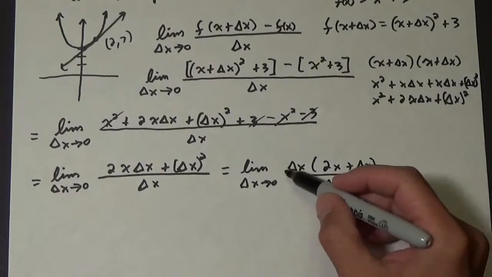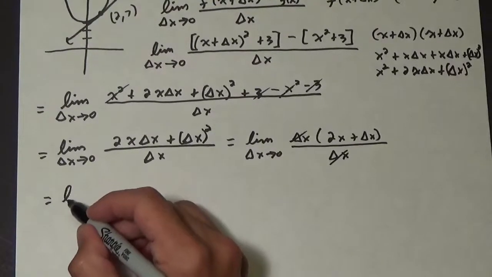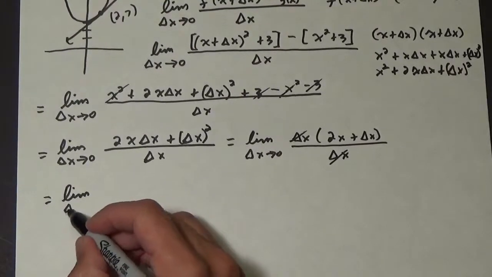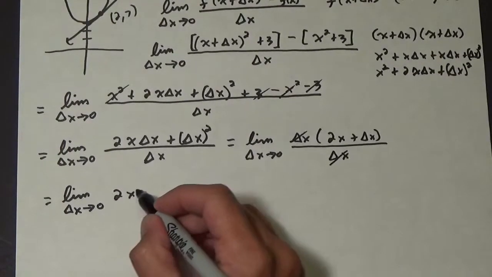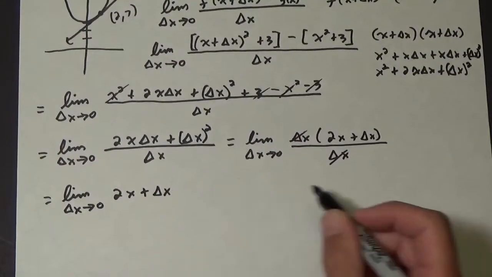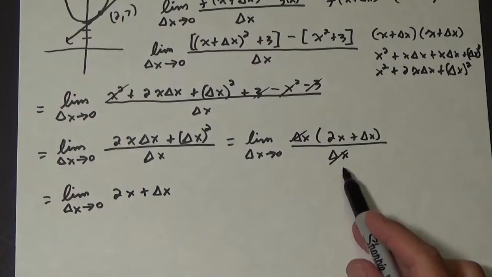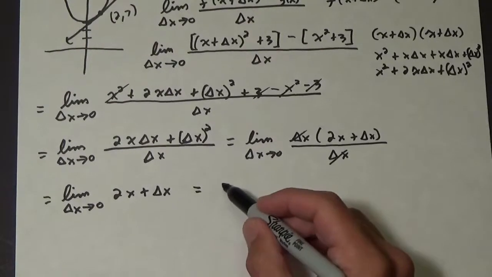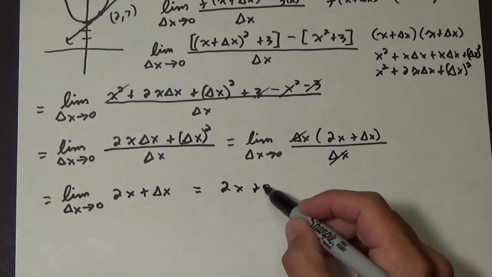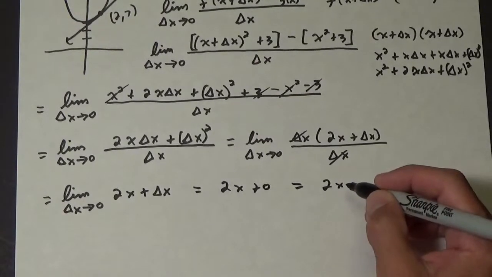And now the delta x's cancel out, and so we end up with the limit as delta x approaches 0 of 2x plus delta x. So at this point, because we canceled out the delta x that was in the denominator, we can use substitution again. So this becomes 2x plus 0, which is just 2x.